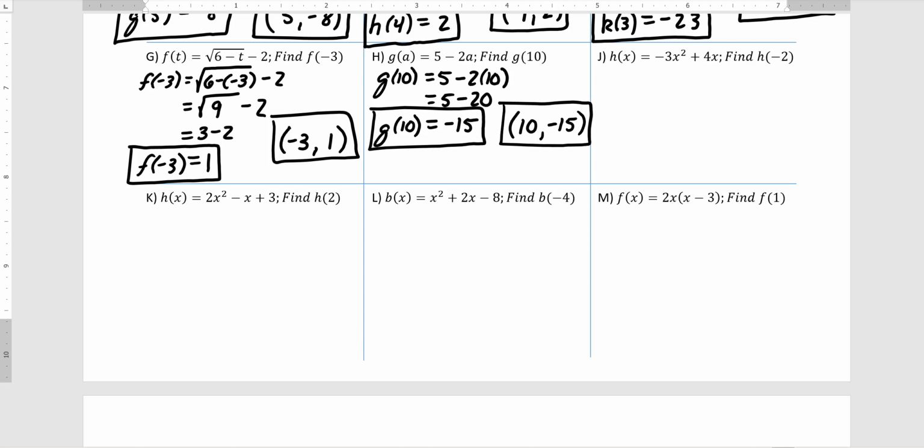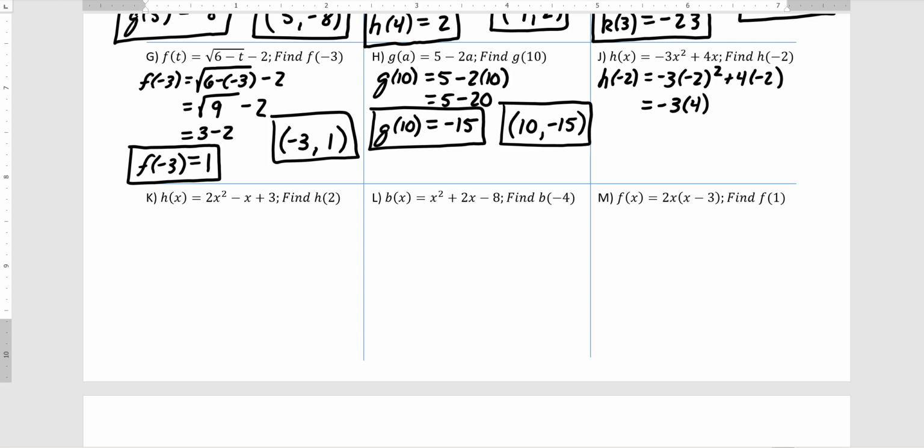All right. Hopefully we're doing good. Let's check out letter J. h of x equals negative 3x squared plus 4x. Find h of negative 2. So h of negative 2 will equal negative 3 times negative 2 squared plus 4 times negative 2. Order of operations is going to be tricky here. Let's start with this exponent, negative 2 squared. So negative 2 times negative 2 is just positive 4, right?